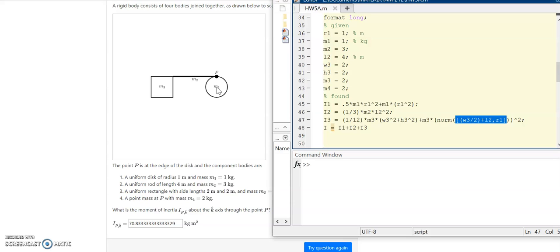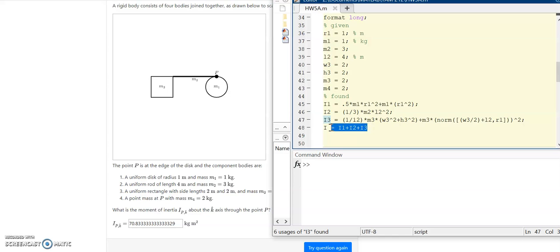And for the vertical component, we're going to have R1, the radius of the disk. So now we have a vector that goes from here to here, and norm is just going to take the magnitude of that vector. So it's just going to be the length, the distance, and we square it because that's what you need to do for the parallel axis theorem. And so that's the moment of inertia of the rectangle about P.